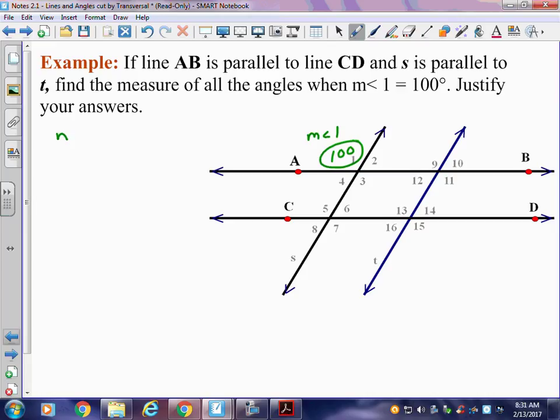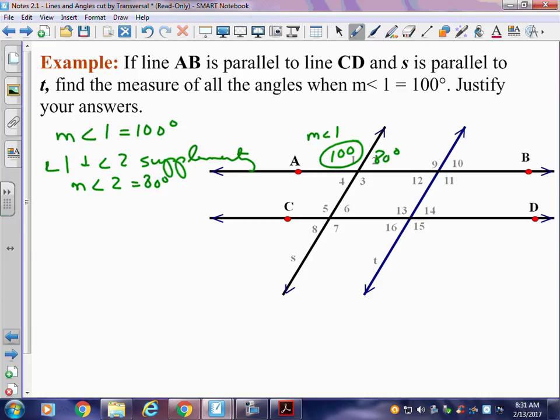So the measure of angle 1 being 100, if angle 1 and angle 2 are supplementary, because they're side by side, add up to 180, then the measure of angle 2 is equal to 80. Now, the measure of angle 1 and the measure of angle 4 are also supplementary because they're side by side.